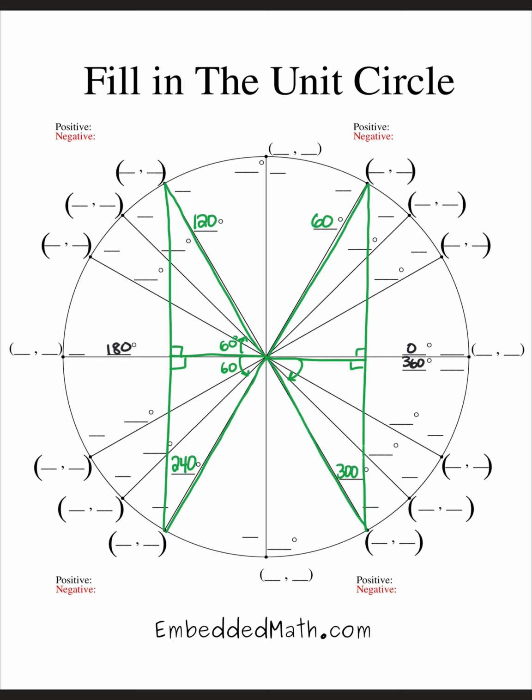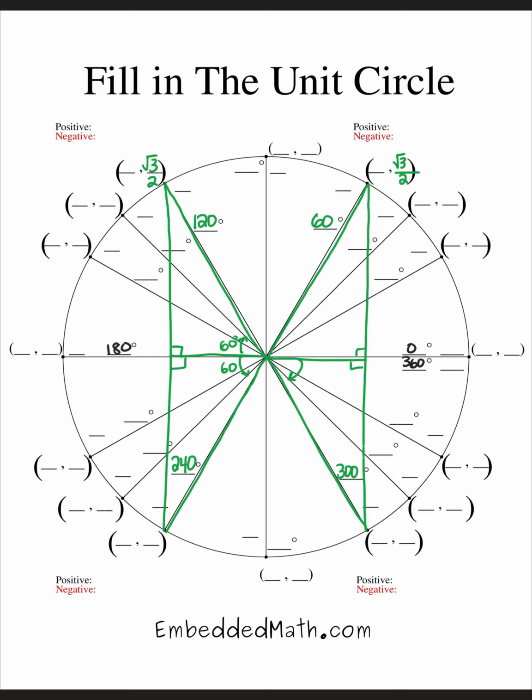Now let's think about our heights and our lengths so that we can fill in the x and y coordinates. So our height, again, gives us our y coordinate. And we've talked about, that was the sine. So the sine of 60 degrees we found was radical 3 over 2. Now that is the same whether you're in quadrants 1 or 2.